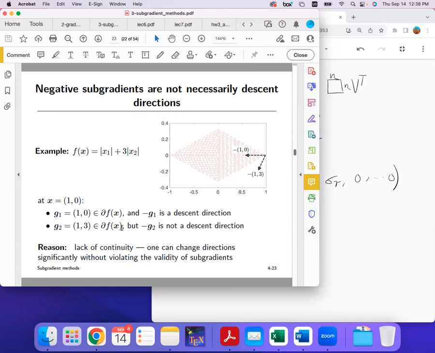And when the function is not continuous, not differentiable, one can change directions significantly without violating the definition of subgradient. So at those non-differentiable points, the function may have lots of subgradients, and some of them may be pointing toward the wrong directions.